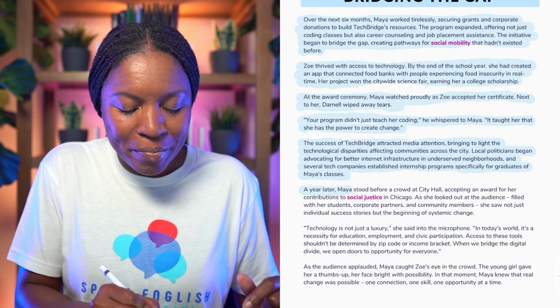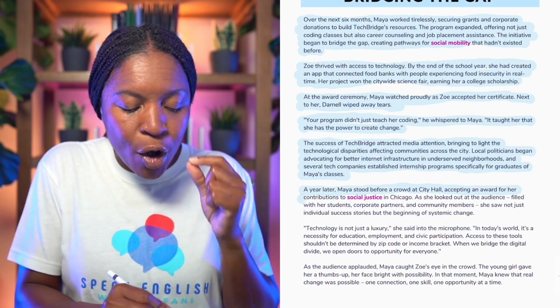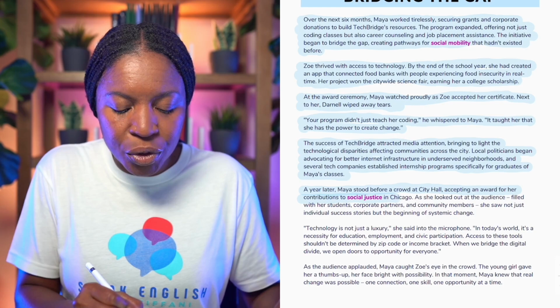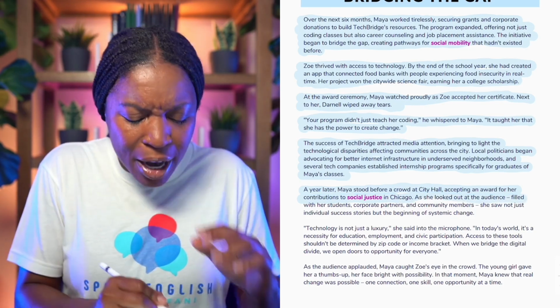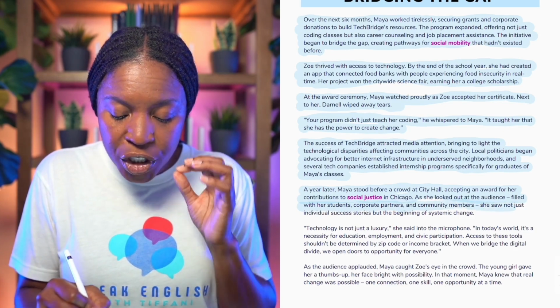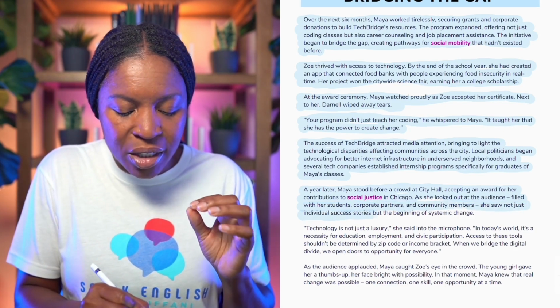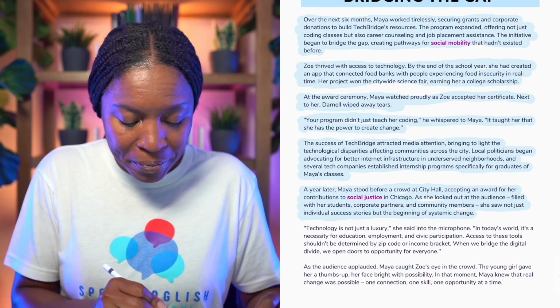A year later, Maya stood before a crowd at City Hall accepting an award for her contributions to social justice in Chicago. As she looked out at the audience filled with her students, corporate partners, and community members, she saw not just individual success stories, but the beginning of systemic change.